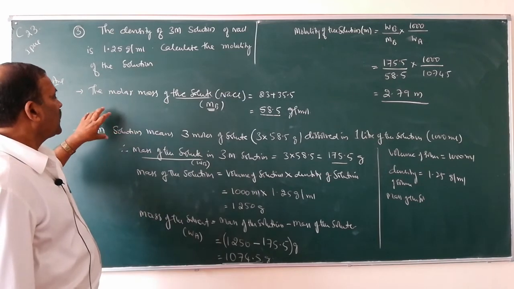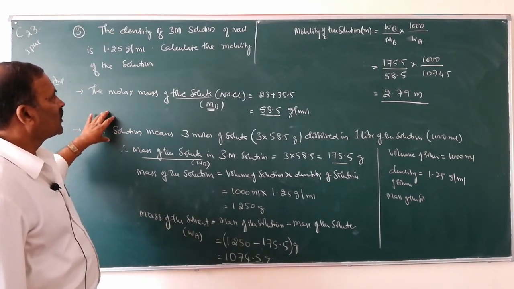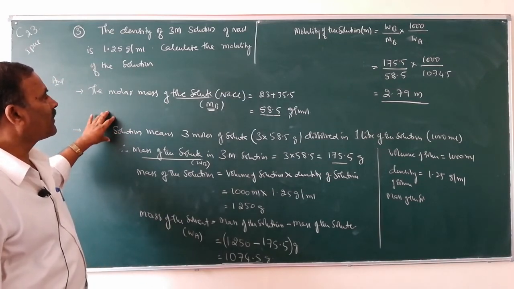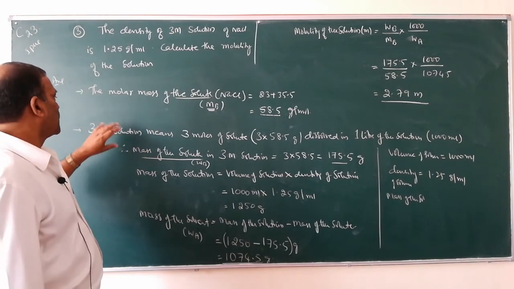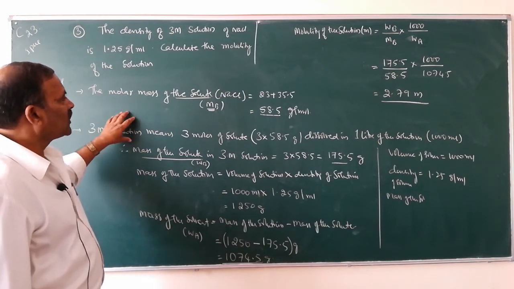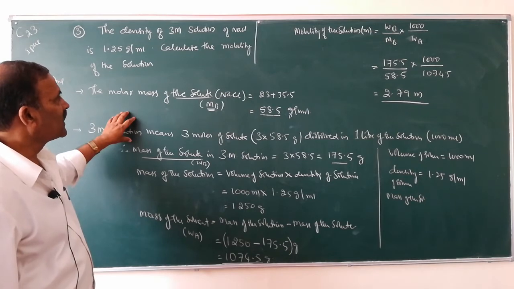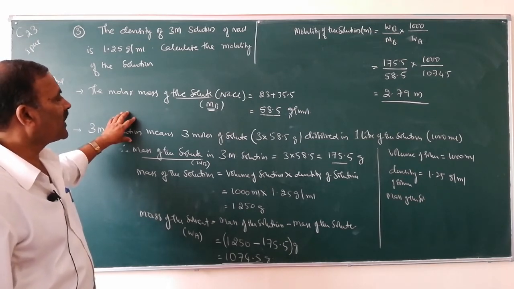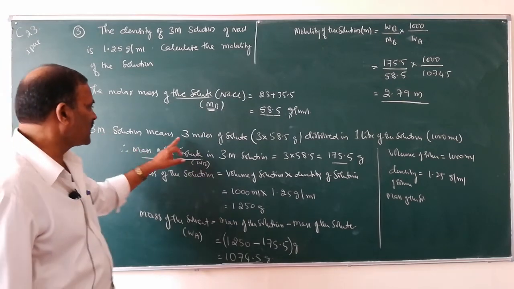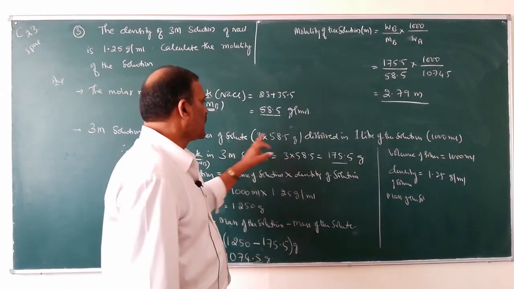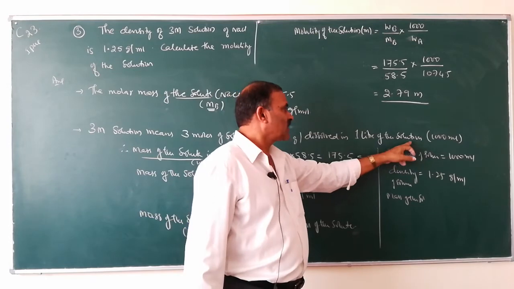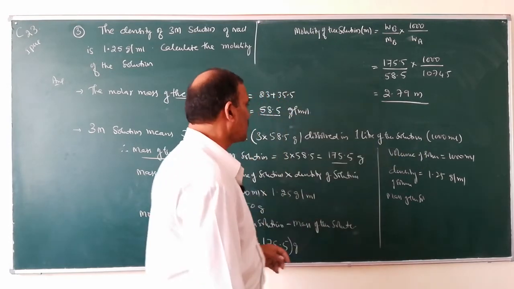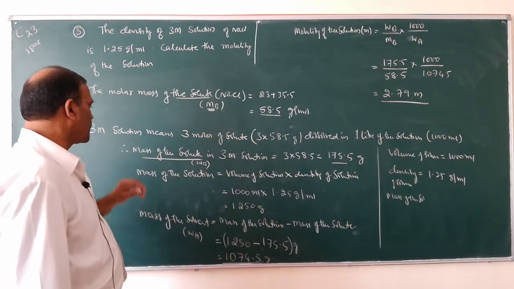So 1 molar solution of sodium chloride contains 1 gram molecular mass. Therefore, 3 molar solution contains 3 molar mass of sodium chloride in 1 liter. 3 moles of solute dissolved in 1 liter, or 1000 ml, of solution is called 3 molar solution.